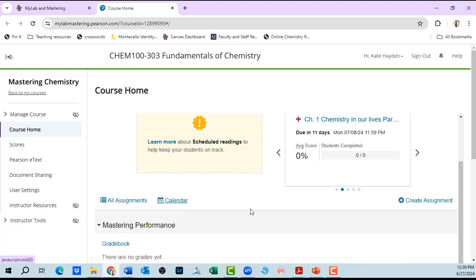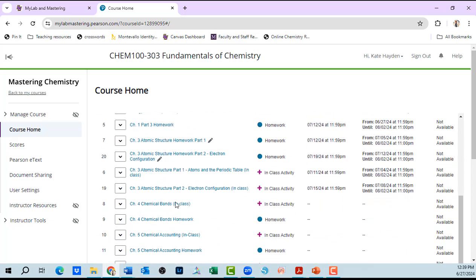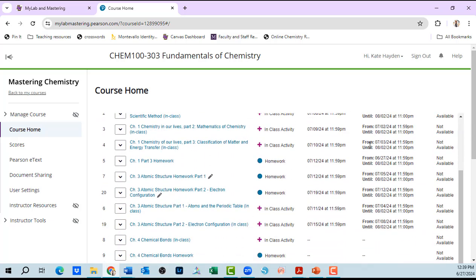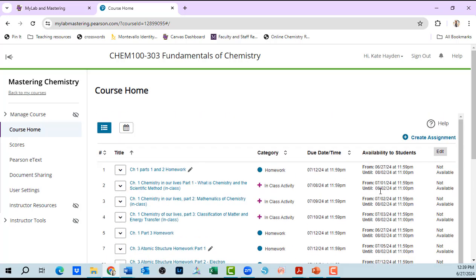Another great thing is to look at the calendar perspective, and you can see which assignments are due when. You can also look at the list of assignments. All right, so there are a lot of assignments that are already available. You'll notice some roll out at different times, so you may not see all the assignments that I see. So again, the first thing we're going to look at is Chapter 1, Chemistry in Our Lives, Part 1.